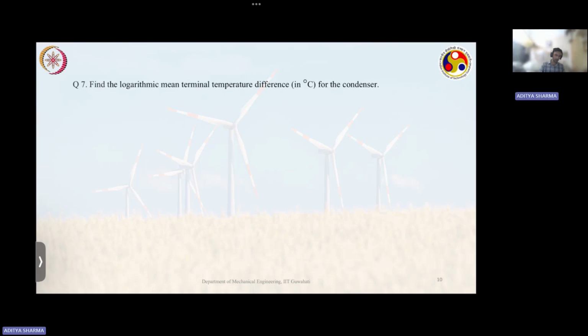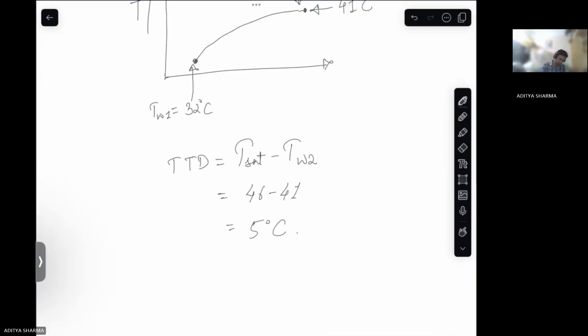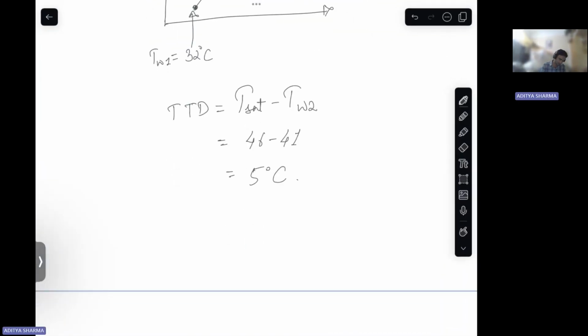Find the logarithmic mean terminal temperature difference. What is the formula for this? This is your question number 7.